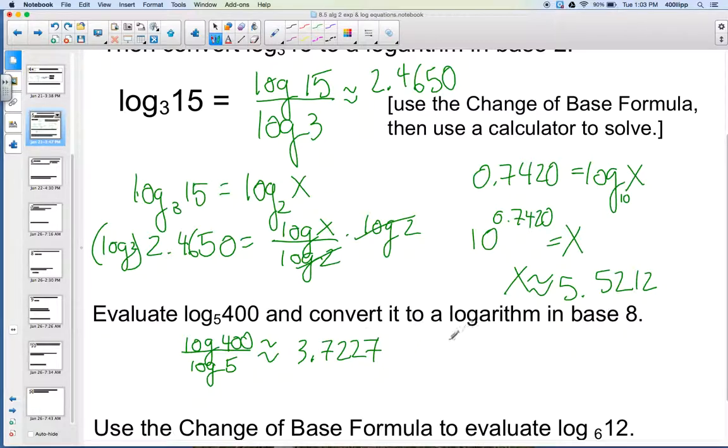Okay, so we want this now to be a base of 8. So I'm going to make this log base 5 of 400, which is log of 400 over log of 5, equal to log base 8 of x, and we'll find x.